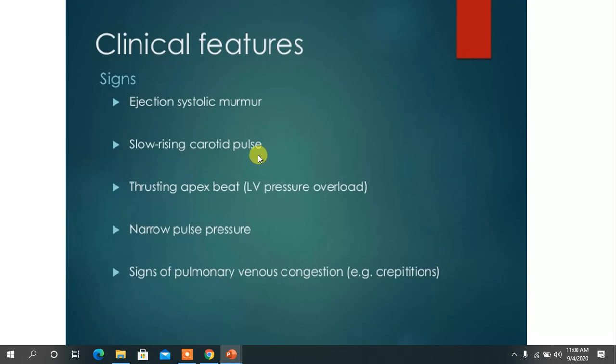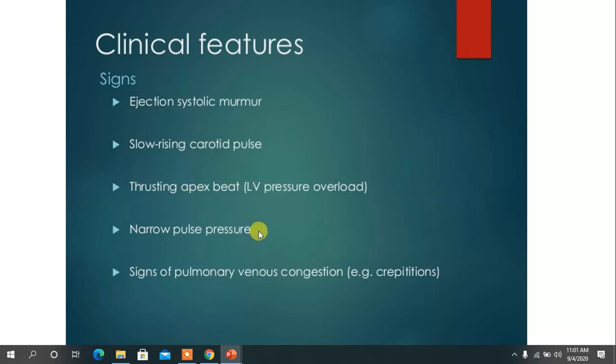Blood is pushed through the aortic valve slowly from the left ventricle, and there will be a slow rising carotid pulse you can feel. Thrusting apex beat, because of the pressure overload in the left ventricle, the apex beat can be felt and it is thrusting.